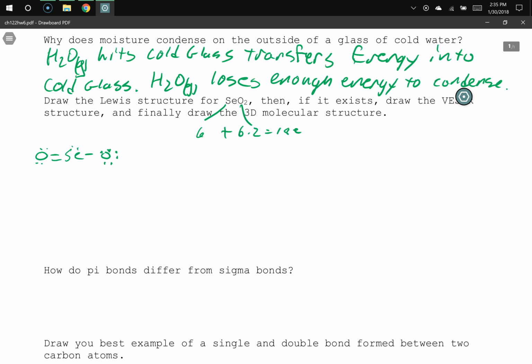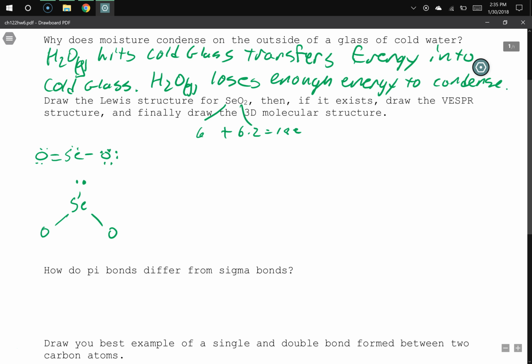Everybody's seeing 8 electrons. I'm asking about the VSEPR structure and the molecular structure. So is there a VSEPR structure? There's lone pairs of electrons on the central atom, so there's a VSEPR structure. So what I have is a selenium with a lone pair of electrons and an oxygen and an oxygen.